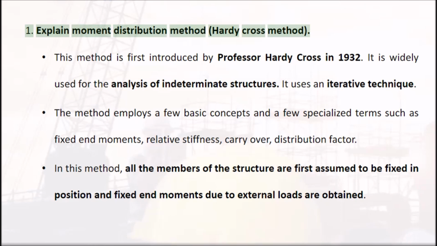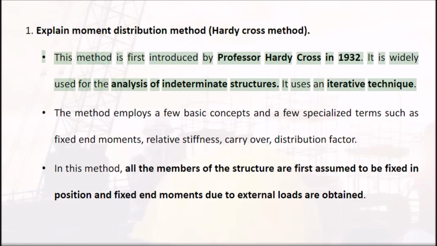1. Explain the moment distribution method, the Hardy-Cross method. This method was first introduced by Professor Hardy-Cross in 1932. It is widely used for the analysis of indeterminate structures. It uses an iterative technique.